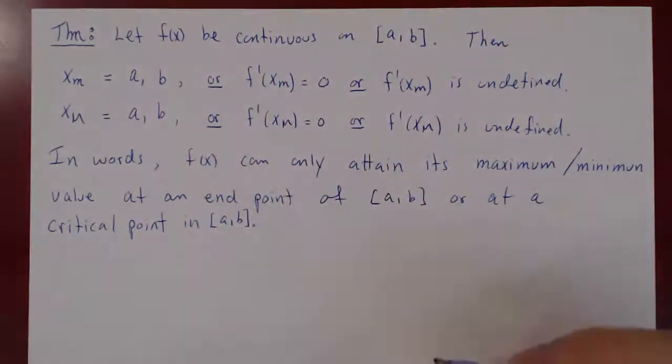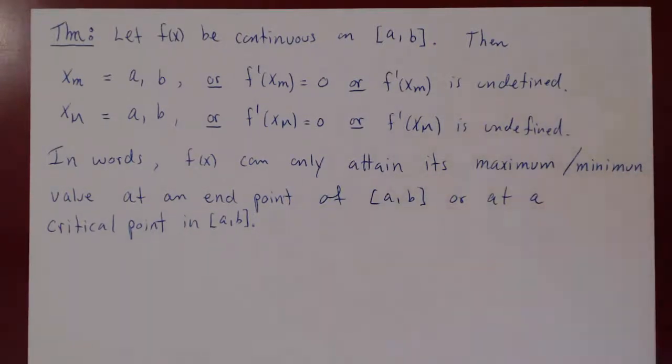And that's it. So if we combine this result with the extreme value theorem, we have a really powerful result. If you ever want to maximize or minimize a function that is continuous over a closed and bounded interval, the extreme value theorem says that the maximum value does exist and the minimum value does exist. But the question is, where do we look for the max and min of a function?